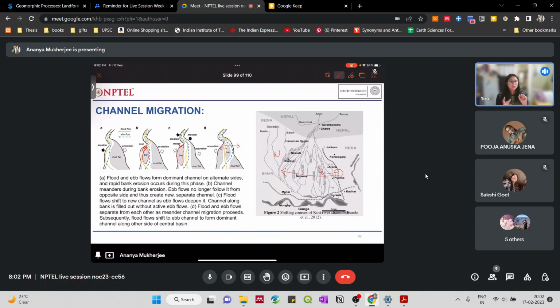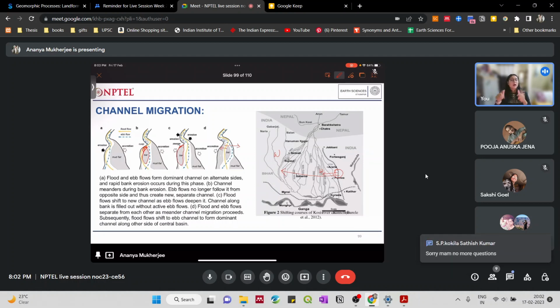Okay, so what we learned today is how fluvial geomorphology is eroding, how it is transporting, how it is depositing, how all these processes are dependent.